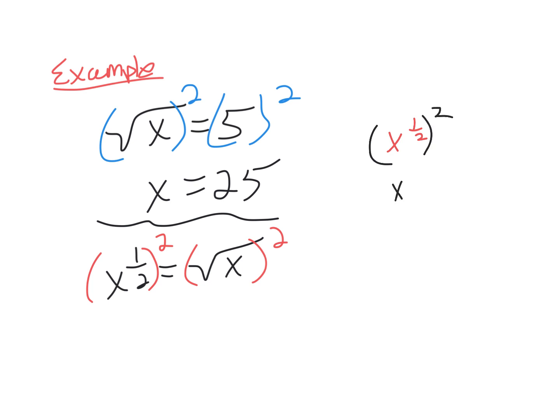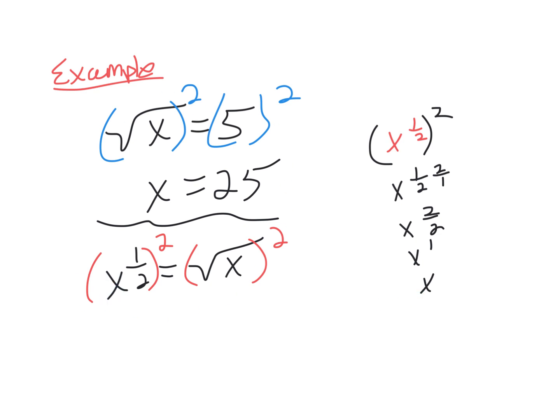So it's x to the 1/2 times 2/1. Well, that's going to equal x to the 2/2, which is the same as x to the 1, which equals x. So that x gets you right back to this x.